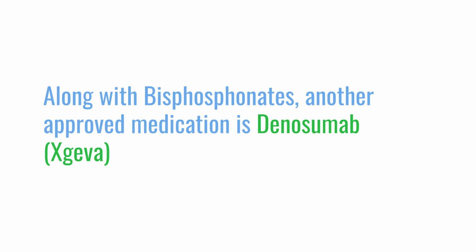The other medication that has now been approved for about the past year and a half is a medication called denosumab or Xgeva, and that works a little bit differently. So in order for an osteoclast to become an active bone resorbing cell, it has to go through a maturation process, and this medication, denosumab or Xgeva, blocks the signal that the pre-osteoclast needs to become an active osteoclast.